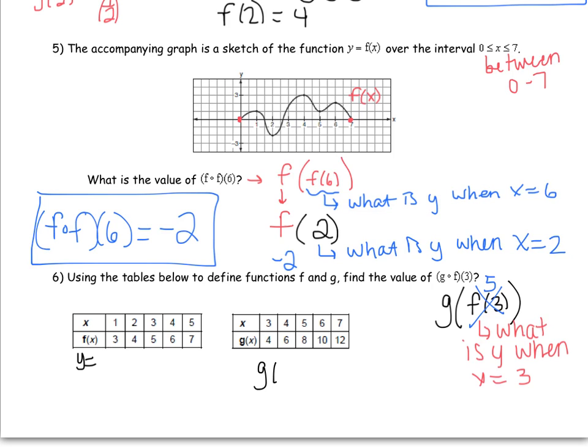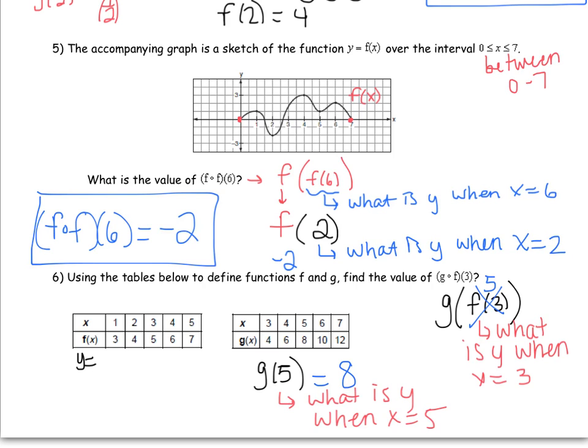So my next and last step is to find g of 5. So g of 5, what does that mean? It means what is y when x is 5? And we have to look at this g of x chart because that's what I'm talking about, g. So again, what is y when x is 5? y is 8.